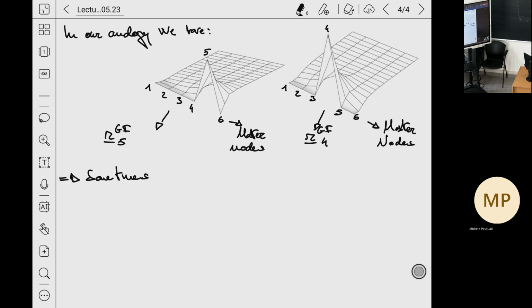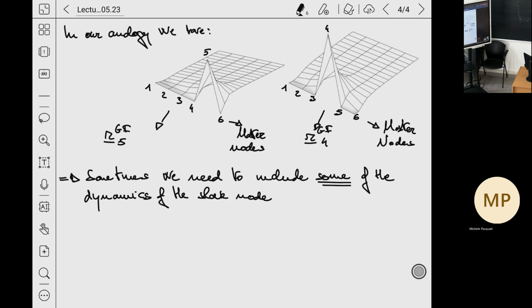Sometimes we need to include some, and this is very important to say some, because we will explain it more carefully later, some of the dynamics of the slave nodes into our reduced model.